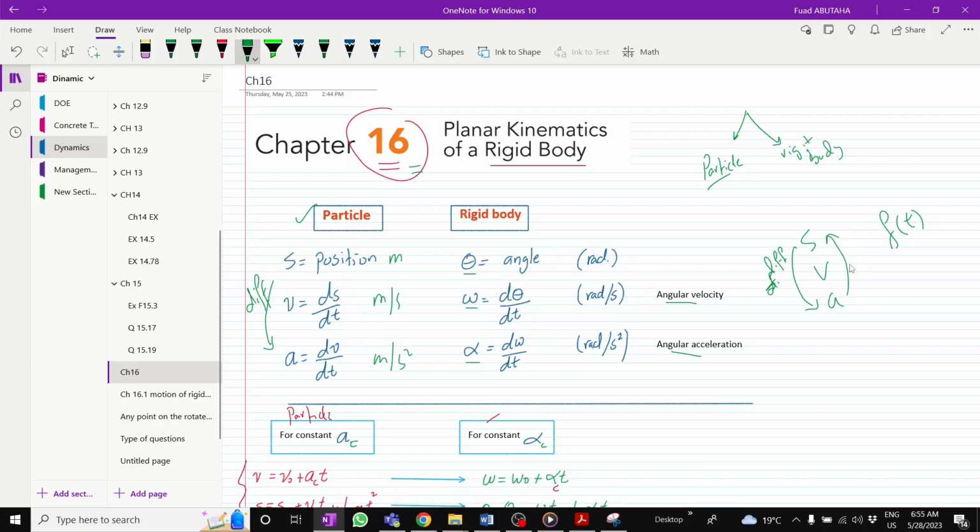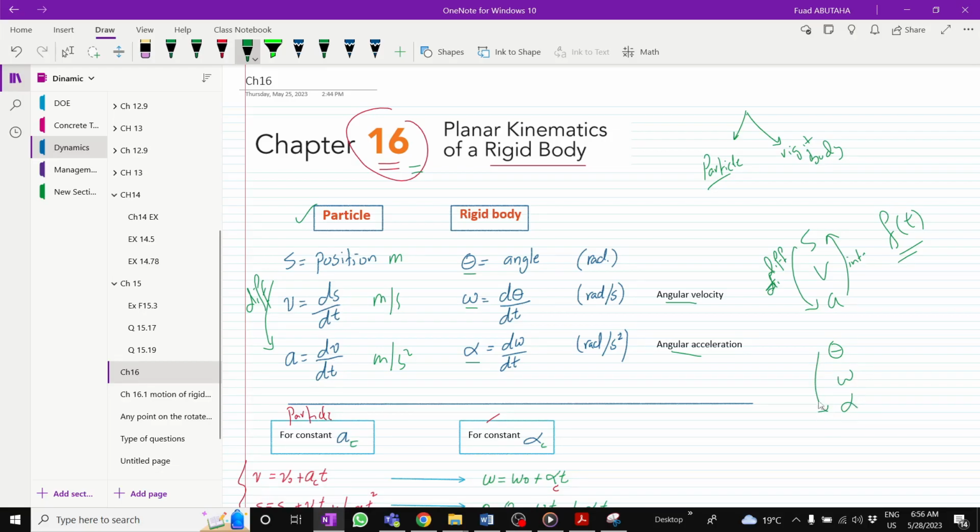If we need to go back, we integrate, only if all the information is a function of time. The velocity is the derivative of the position, and acceleration is the derivative of the velocity. The same is here. We have theta, which is similar to position. Omega, the angular velocity, is the derivative of theta, and alpha, the angular acceleration, is the derivative of omega.